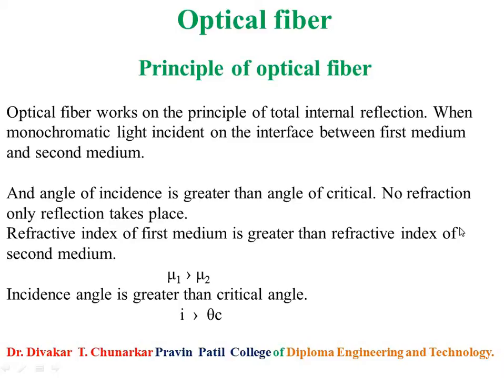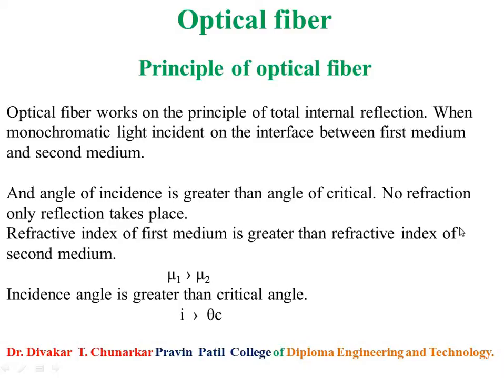The refractive index of the first medium is greater than the refractive index of the second medium, that is mu1 greater than mu2, and the incident angle is greater than the critical angle, that is angle of incidence i greater than theta c.